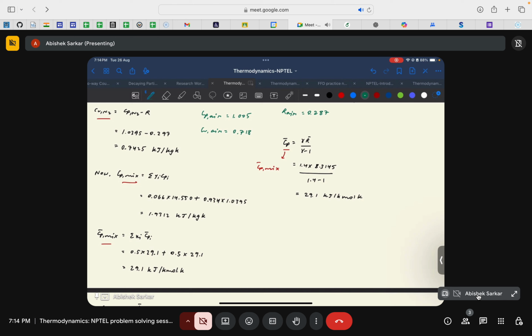So from that we need to find the specific heat and the molar specific heat. Okay, so again we can simply use the identities. That is, Cp mix would be the summation of yi Cpi, and Cp bar mix would be the summation of xi Cpi bar. So Cp mix would be 0.066, because yi we already found out, times 14.550 plus 0.934 times 1.0395, or Cp mix would be 1.9312 kilojoule per kg Kelvin.